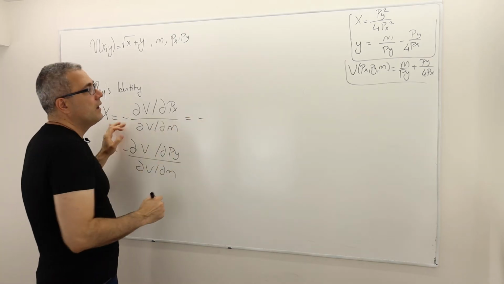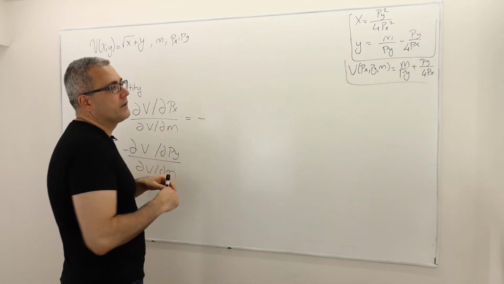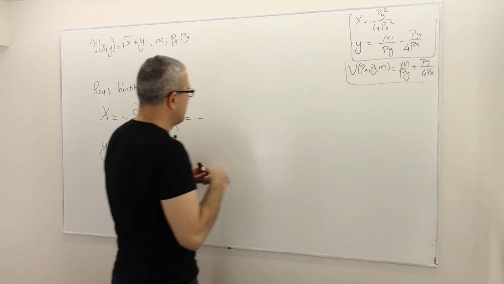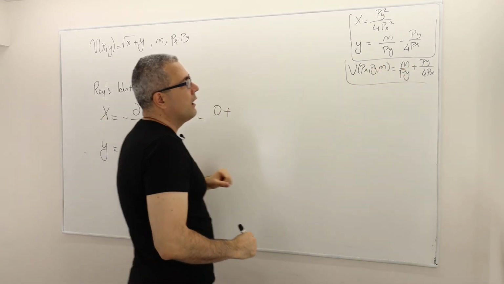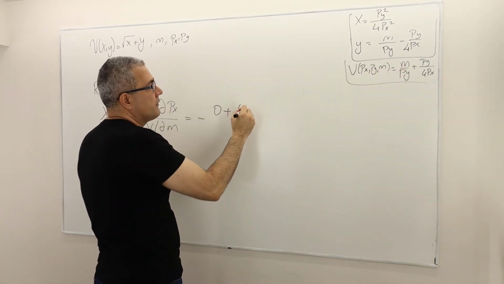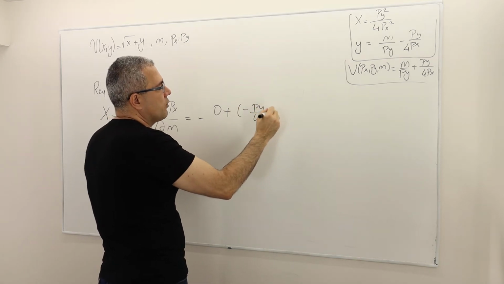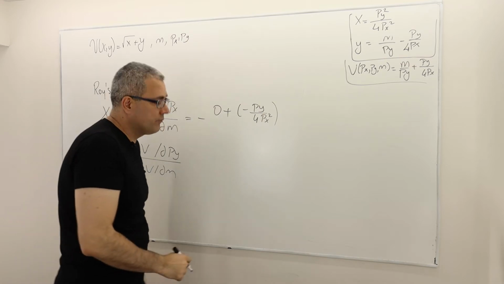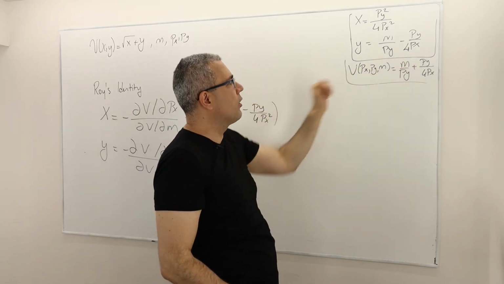So minus, what is the partial derivative of this guy with respect to Px? The first term's derivative is going to be 0 simply, plus the second term's derivative is minus Py divided by 4Px squared. All right, well, let me be careful. Probably this is wrong.